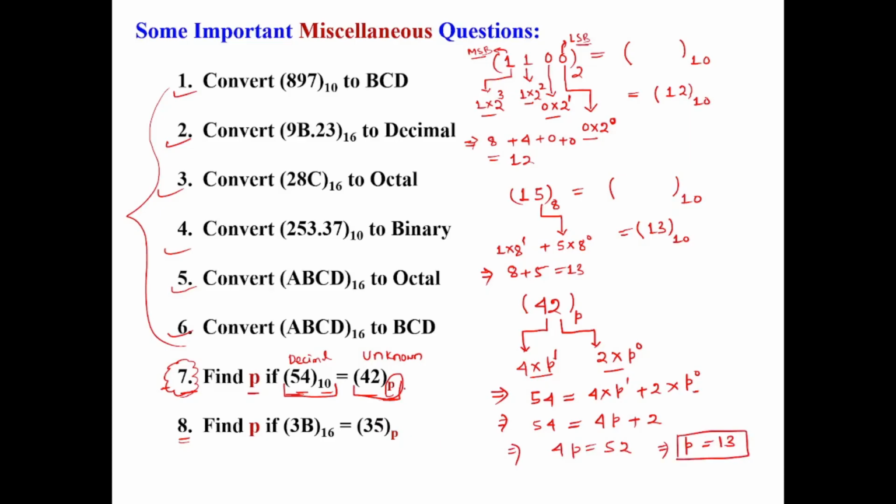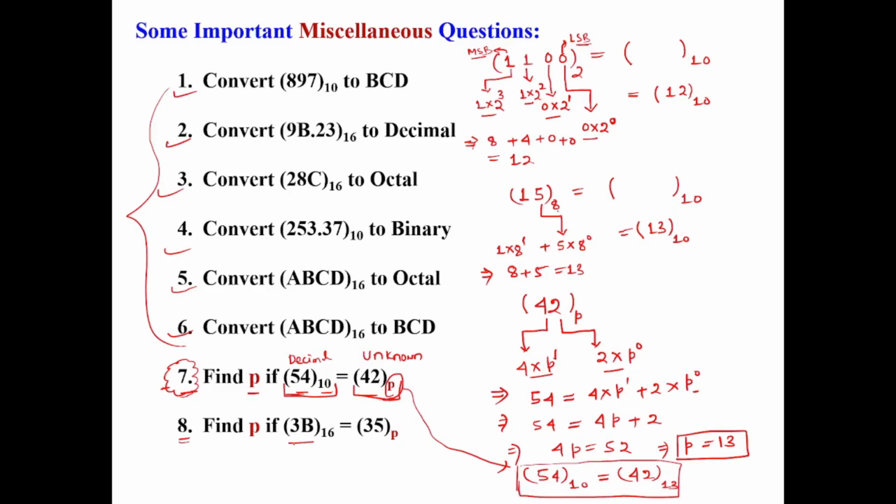So for this question, the answer is that the decimal number 54 is equal to 42 in the number system with base 13. Base 8 is octal, base 2 is binary, and here the base is 13. This is your conversion of decimal to the base 13 number system.